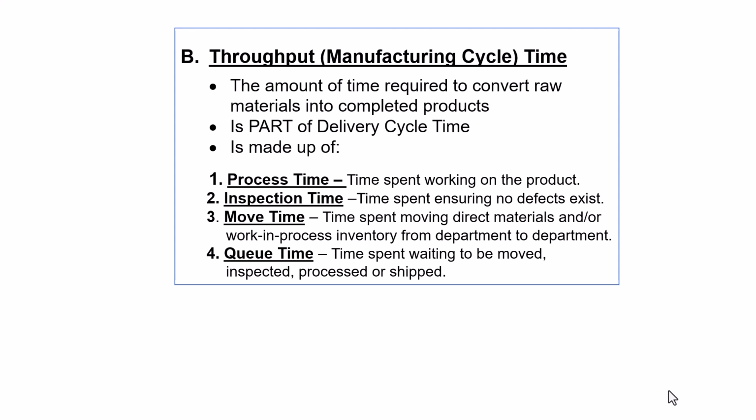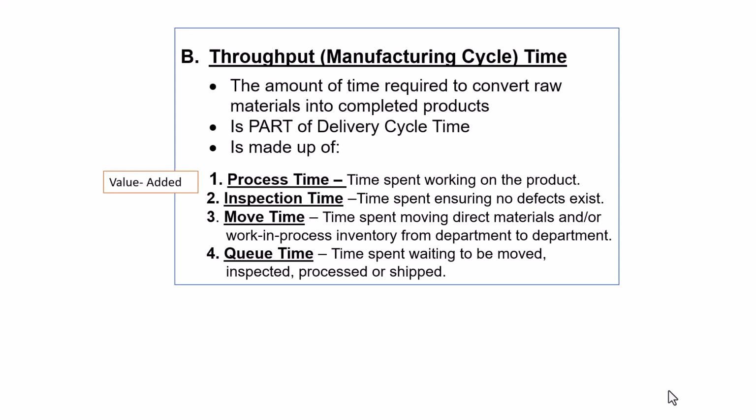So we might be waiting for an inspector, we might be waiting for a forklift, or for a process to be freed up. Note that queue time is different than wait time in that wait time occurs before production begins, and queue time involves waiting once production has begun. Now, to improve efficiency, a manager may want to note that of these four components, only process time adds value.